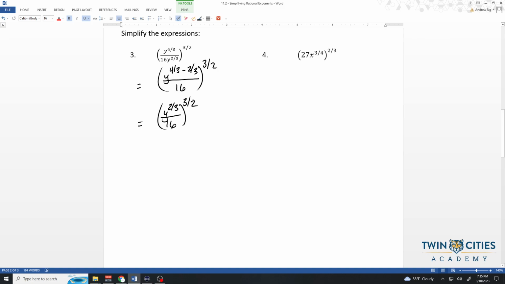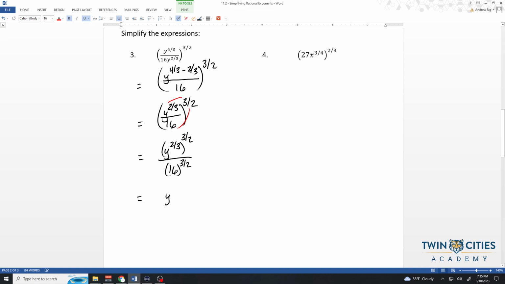And now, this outer power, what I'm going to do is kind of distribute it to everything on the top and everything on the bottom here. So this will be y to the 2/3, this whole thing to the 3/2, and 16 to the 3/2. Power to a power, so I'm going to multiply these together.